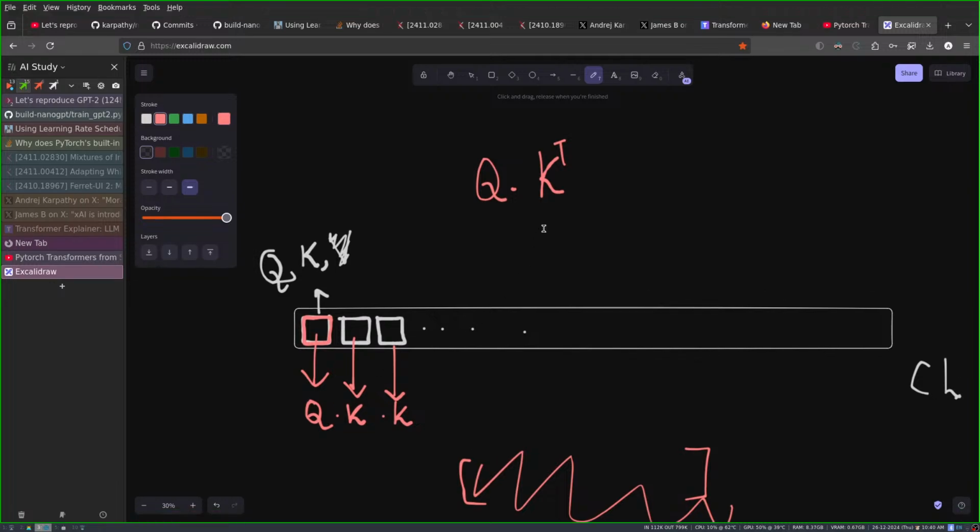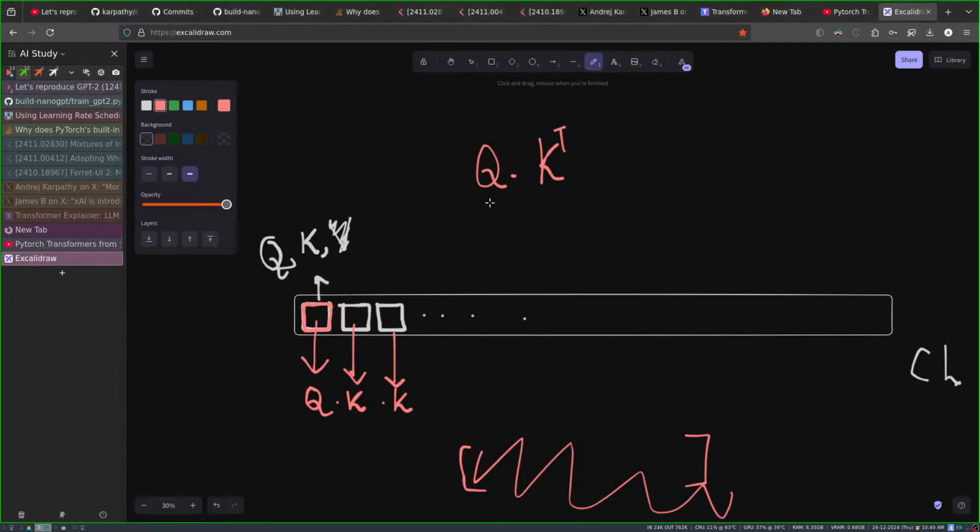Now, for consistency, this will be divided by the dimension of the query. Dimension of the query or key, all of them have the same dimension. This is just dividing a scalar quantity by a scalar, it doesn't have any meaning other than probably improving the quality. Thus, we have a score.